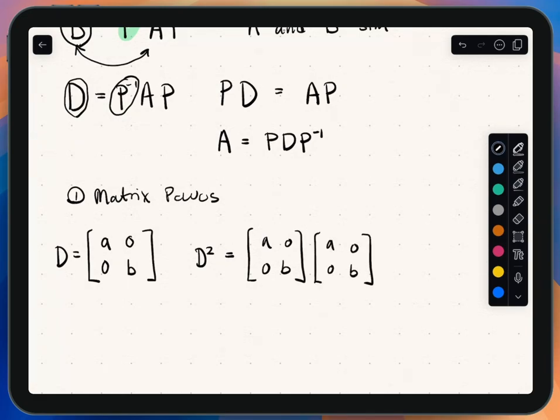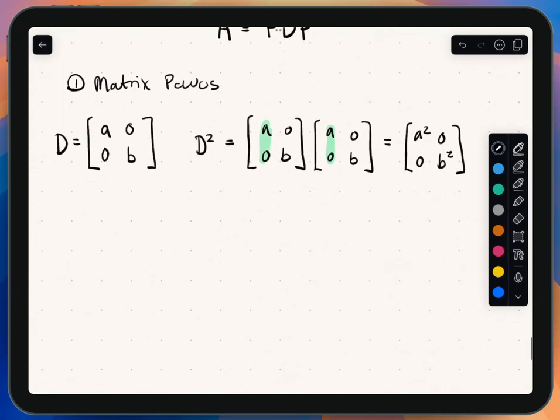Since each column just picks out the corresponding column, we get A squared, 0, 0, B squared. So D to the nth power is going to be A to the n and B to the n. Computing the powers of a diagonal matrix is pretty straightforward. We just take each original entry to the nth power.